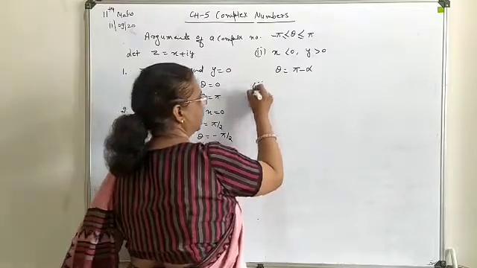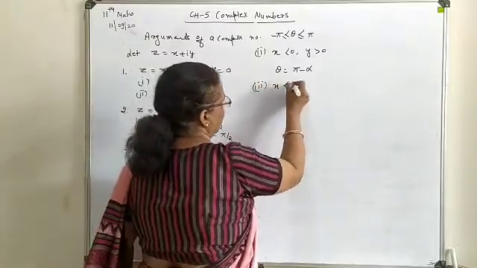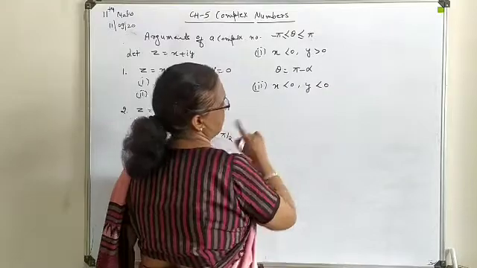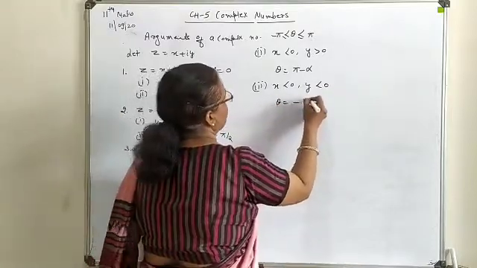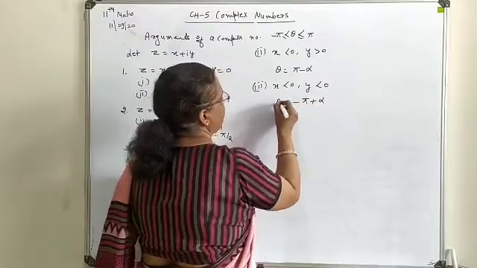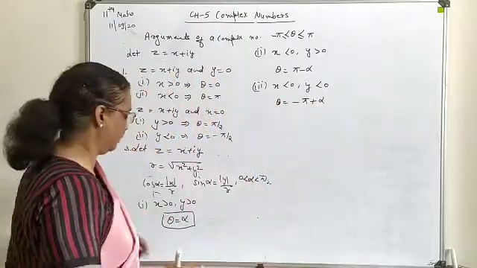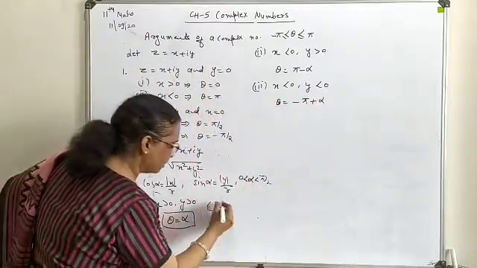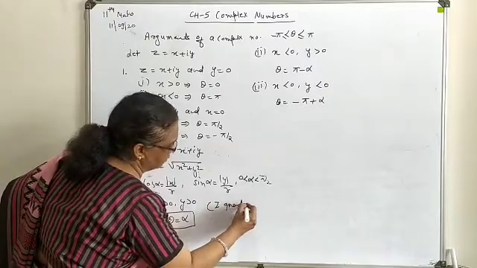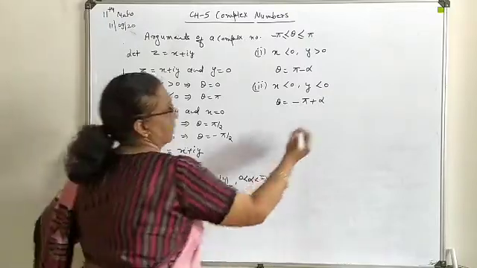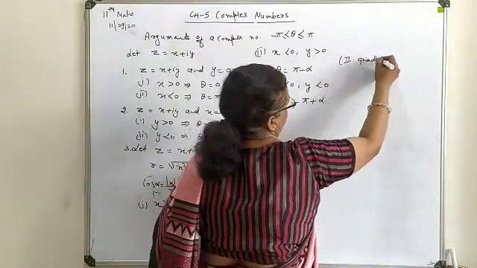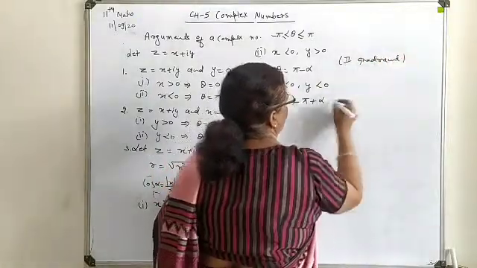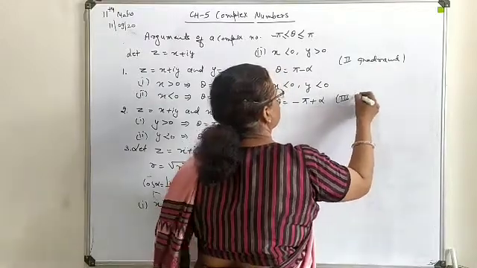Third is x and y both are less than 0. So at that time theta you will have as minus pi plus alpha. It is with respect to your third quadrant. This was your first quadrant, this is the second, this is the third.